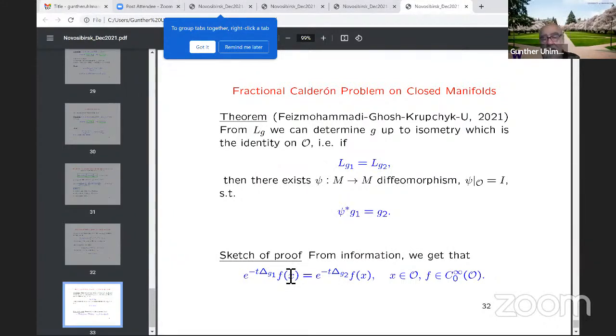This follows from the result of Kurylev, Belishev, Tataru, because you know the heat equation, you can get the wave equation, and this was a very deep result of Kurylev and Belishev using the boundary control method that uses the famous unique continuation theorem of Tataru. So you get the heat equation, and from the heat equation, you prove this result.